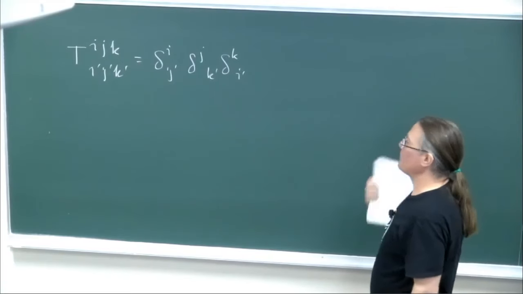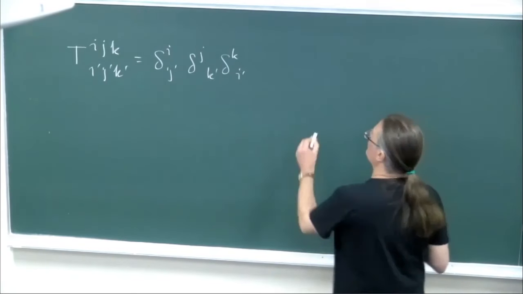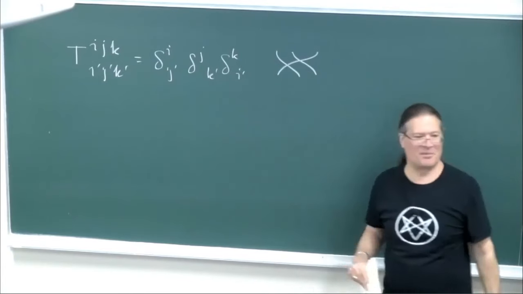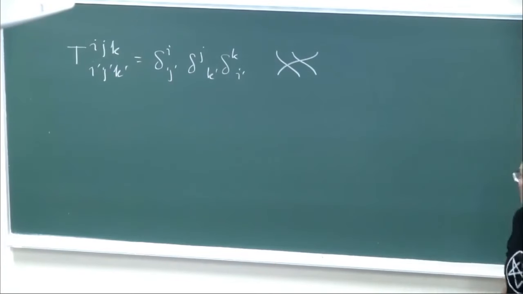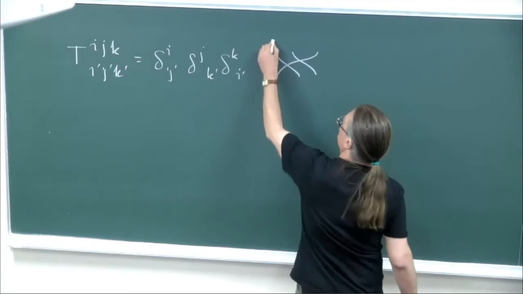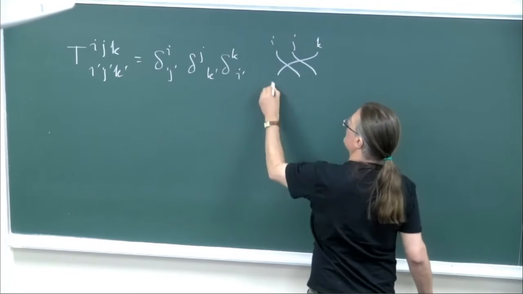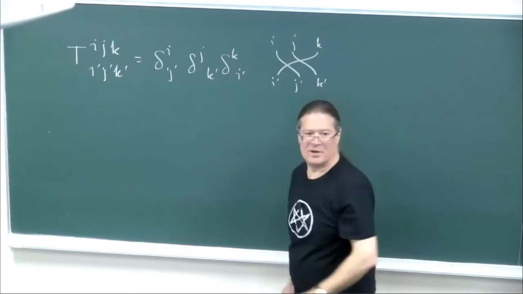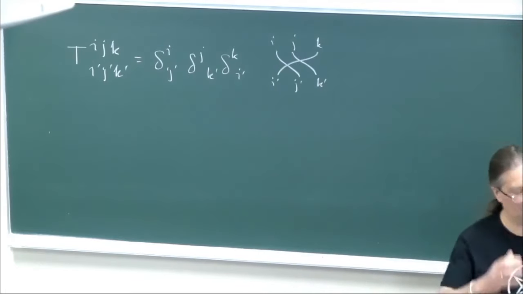And in fact, the way I like to write this matrix is like this. This is how I like to represent this tensor. Because each of these things just connects, the meaning of a wire here is a demand that one index be equal to another.